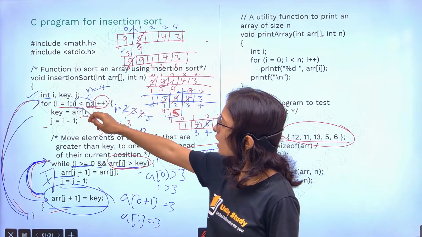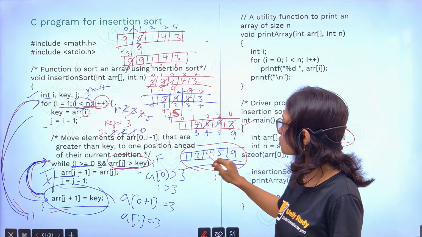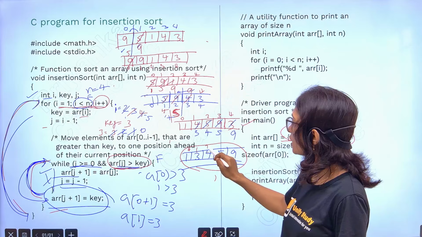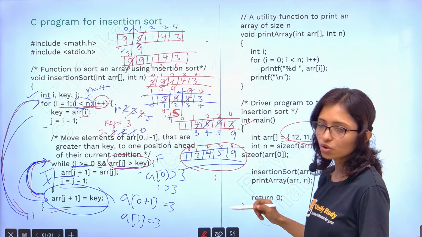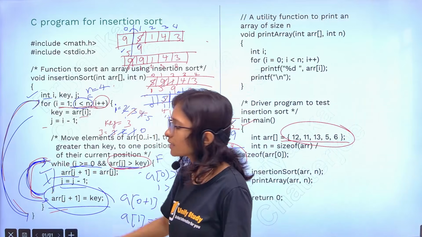You will increase i one by one, 1, 2, 3, 4, because the indices are 0, 1, 2, 3, 4, but this while loop will never execute.